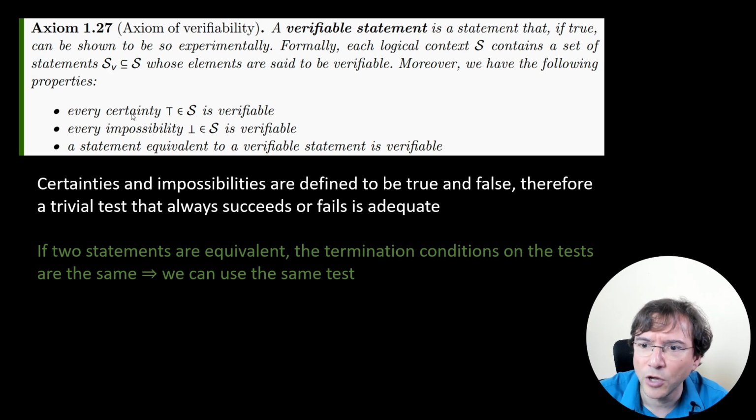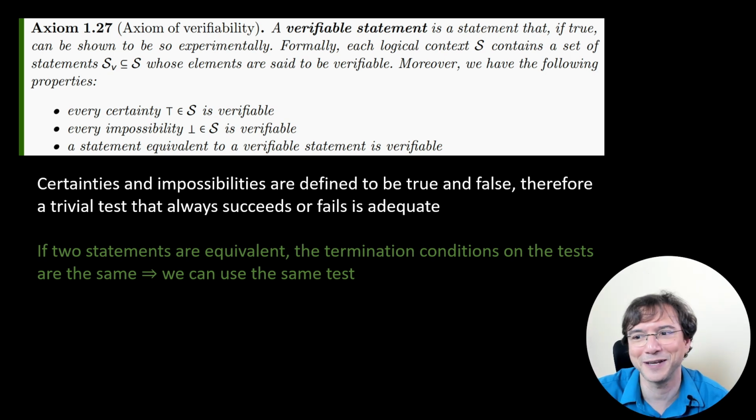Okay, so now we have to convince ourselves that this makes sense. Certainties and impossibilities are defined to be true or false, right? So the certainty is always true and the impossibility is always false. Therefore, a trivial test that always succeeds and a trivial test that always fails will satisfy those ideas of termination. Something that always succeeds is a certainty; something that always fails is an impossibility.